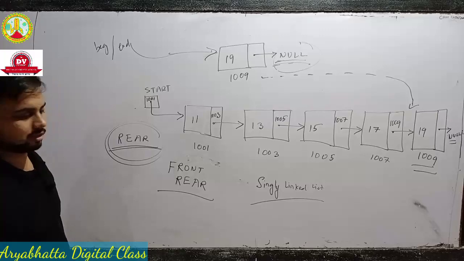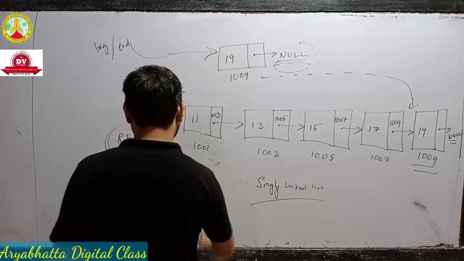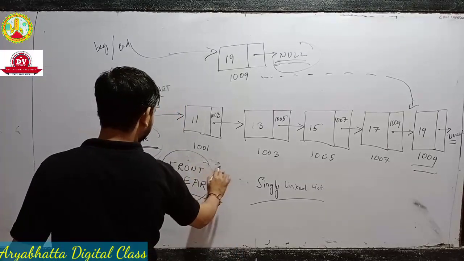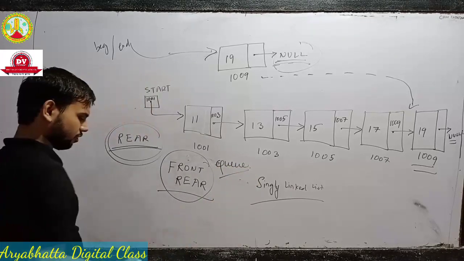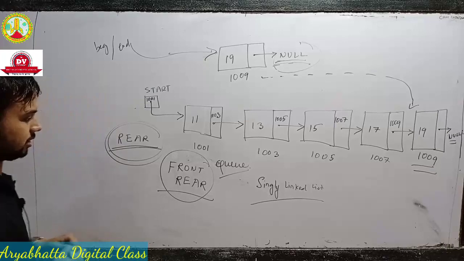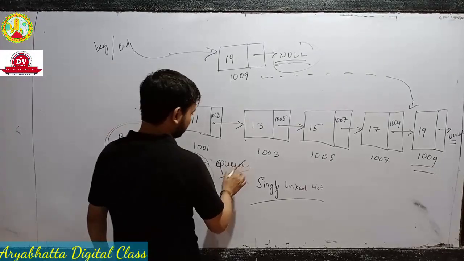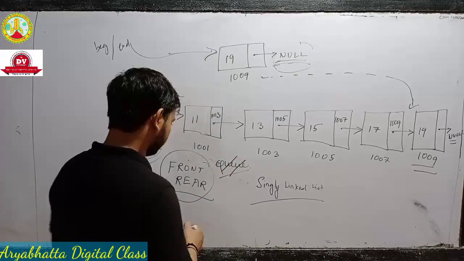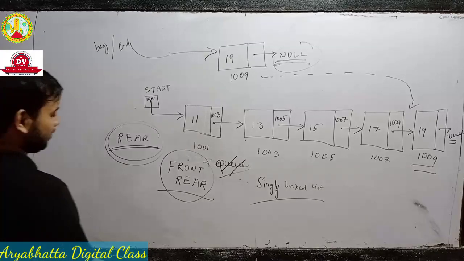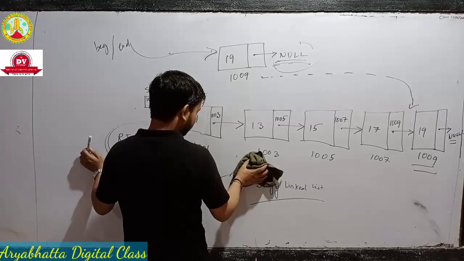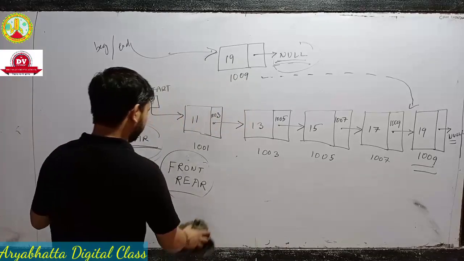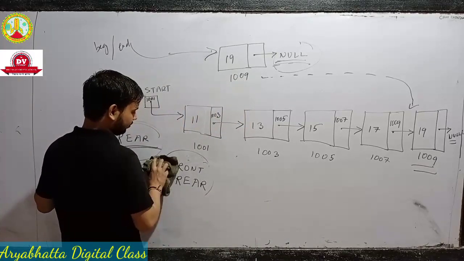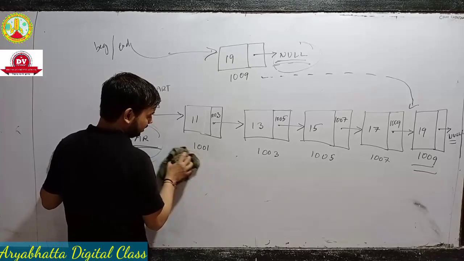Mainly front and rear come in the queue part, but queue is not in this year's syllabus. Queue is deleted from the syllabus by the council, I already told you. But rear is an important concept, and this rear concept also comes here in linked lists. I will tell you what is rear.